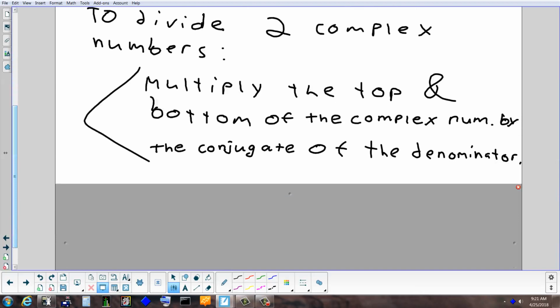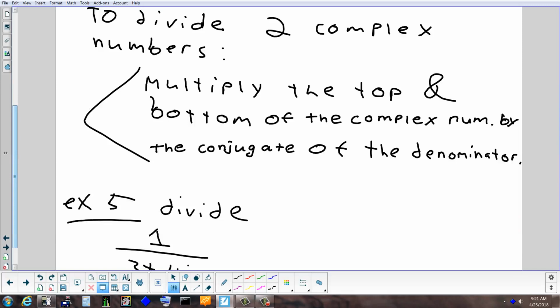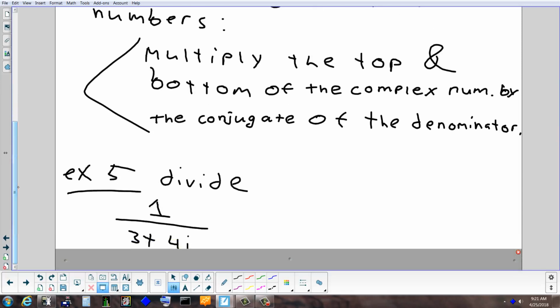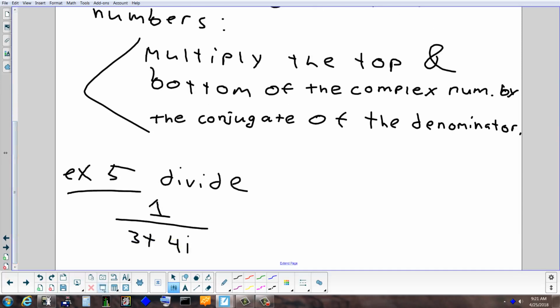Okay, so we'll do two examples of division, and that will finish up everything in this part. So there's our problem. We want to take 1, and we want to divide by 3 plus 4i.